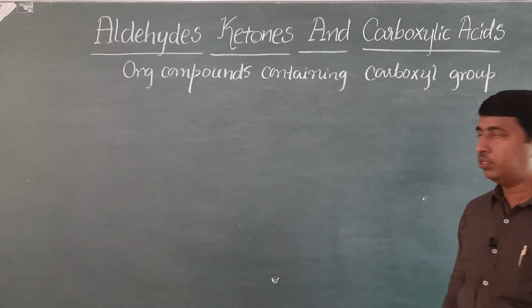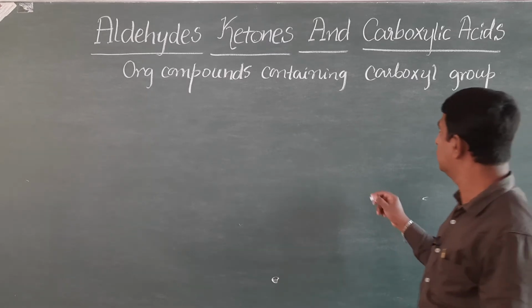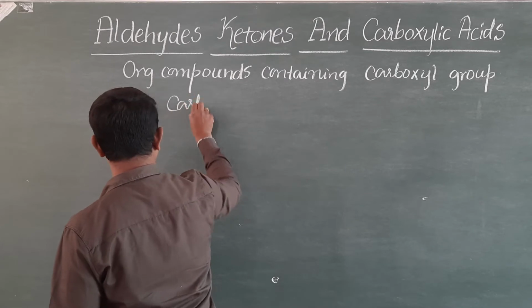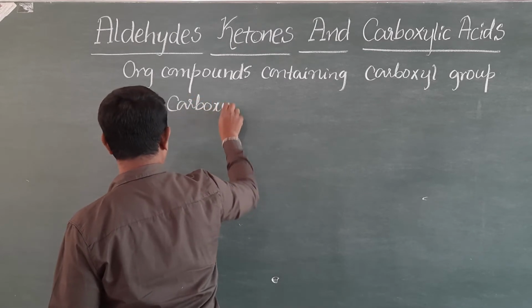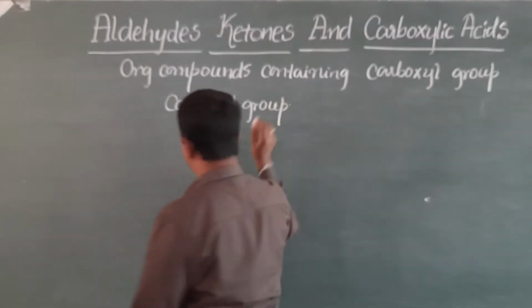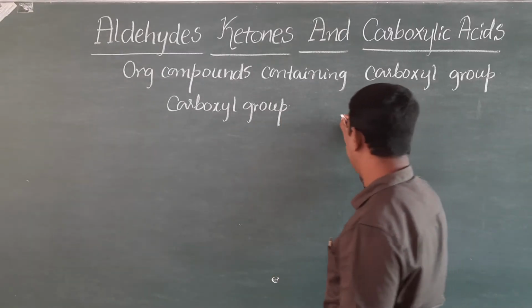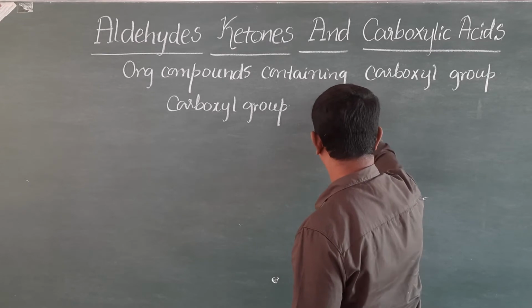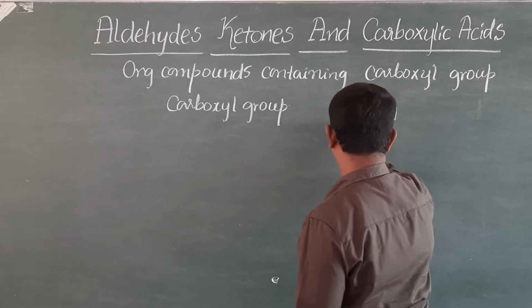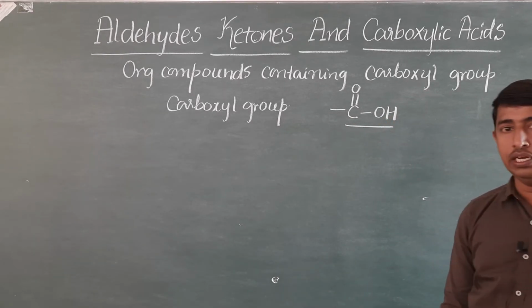These organic compounds are called carboxylic acids, and you can write the formula of carboxyl group. Formula of carboxyl group is COOH. It is C double bond O OH. This group is called as carboxyl group.